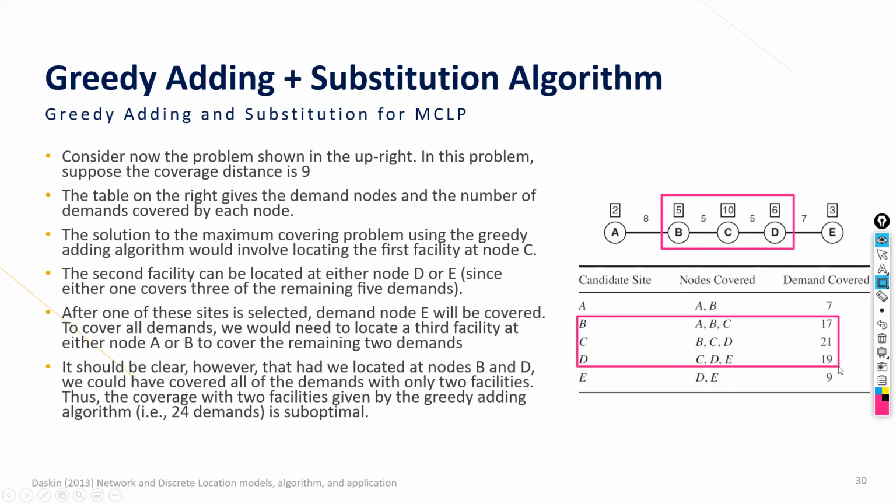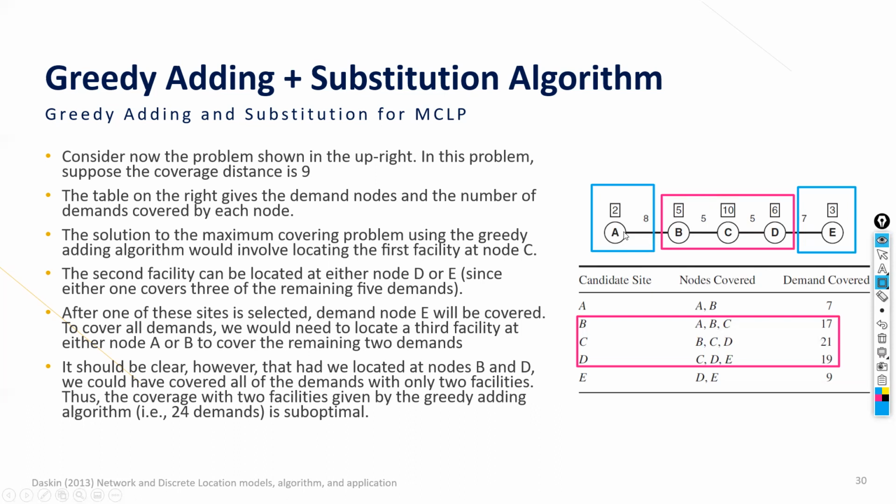Then you have A and E. You have no choice here, because later on you need to select either A or E. You cannot select only one and get both. So you need to open 3 facilities to cover all the demands.